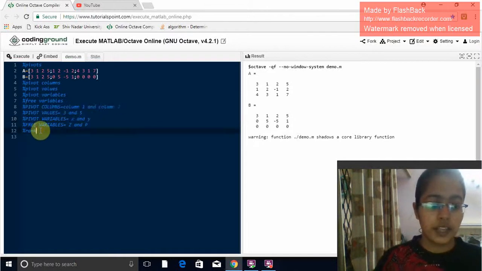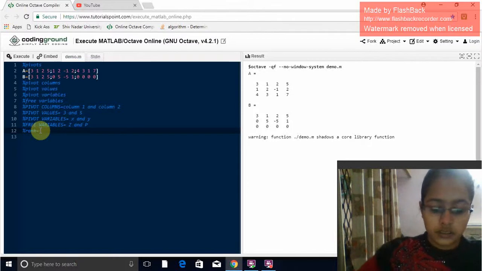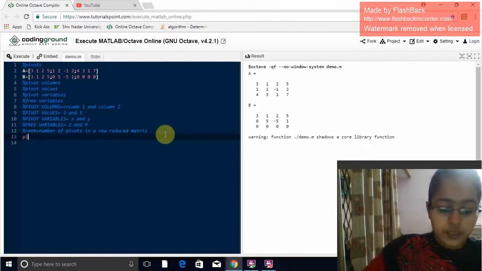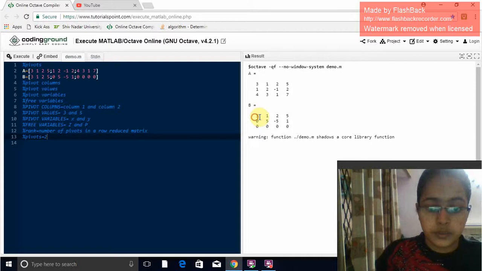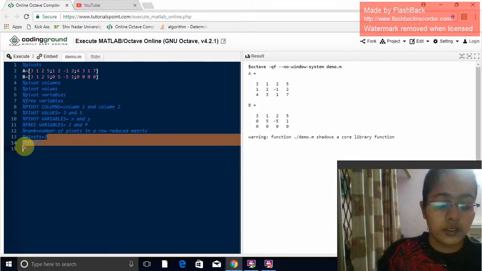So rank is the number of pivots formed in a row-reduced form of a matrix. Here, 2 pivots are there in this matrix, so the rank will also be 2, since the number of pivots is 2.